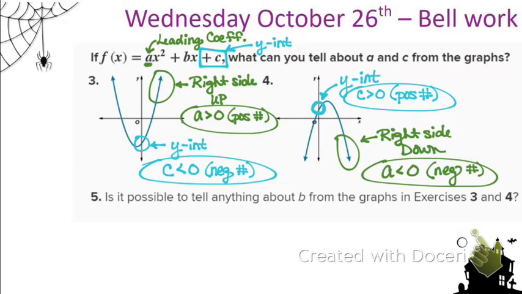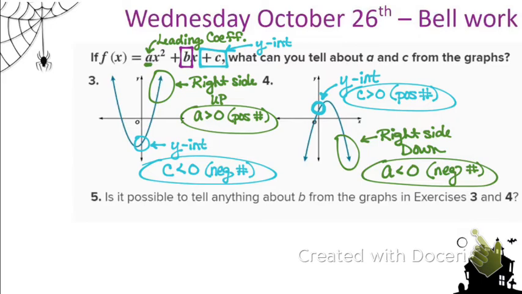They're asking me if I can determine anything about B based on these graphs. What kind of shape are both of these graphs? What do we call that shape? Parabolas. There was something that we talked about with parabolas in the last unit that had a formula. What was one of the important key features of parabolas?